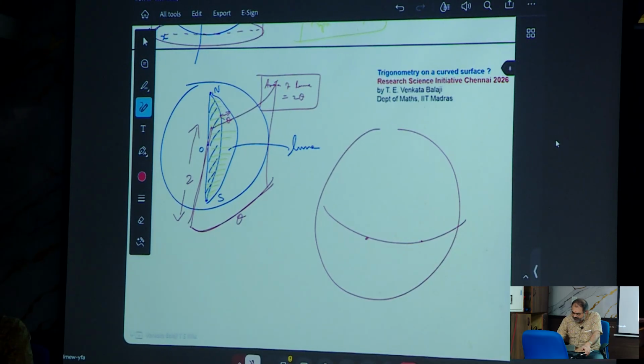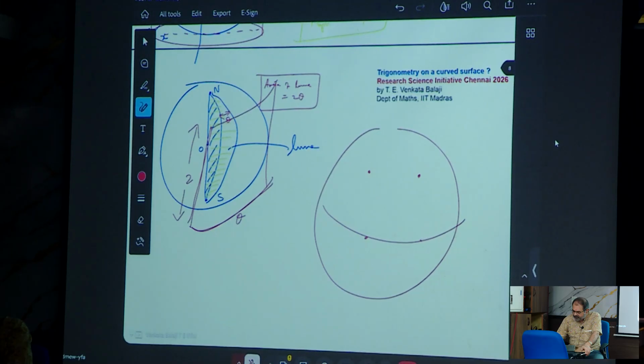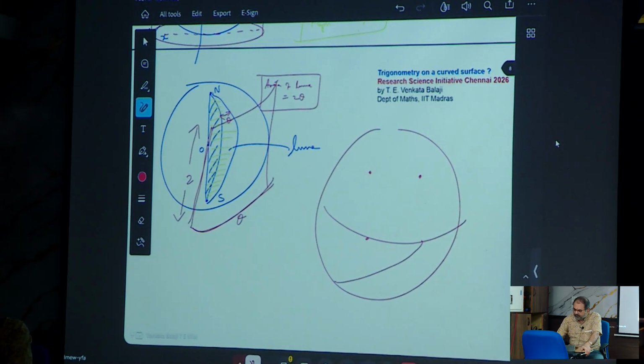For example, if I have these two, then I'll have the diametrically opposite points, which are called antipodal points. If you draw loons like this, it will go like this.